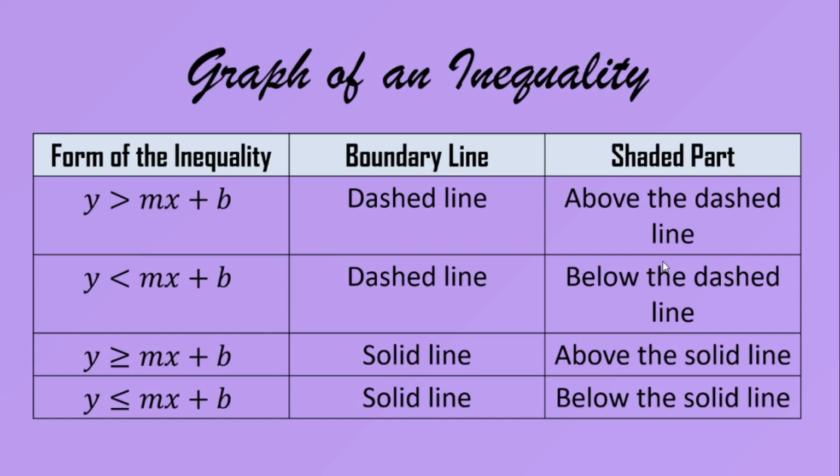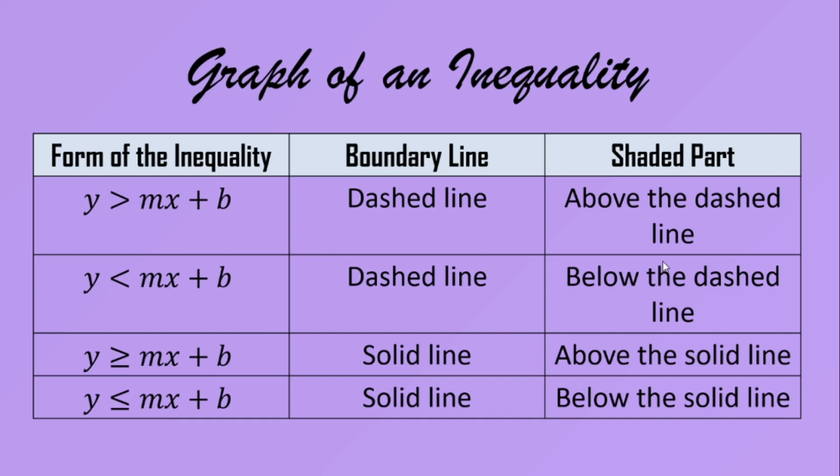Now, graph of an inequality, class, pakitandaan at pakisulat din sa inyong notebook. There's what we call form of the inequality, boundary line, and the shaded part. Now, class, sa inequality natin, madalas kasi, ang nakalagay sa books nyo and even sa aking example ay naka-standard form. So, ang gagawin po natin ay sa form na ito.